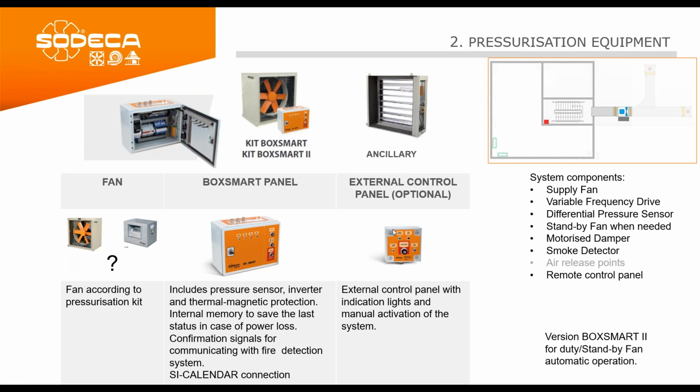It has the possibility of manual activation, so it can be installed near the entrance door of the stairwell, in case the fire brigade wants to activate the system if it has not been activated automatically, or the other way around, to stop the system if they consider that they have to.